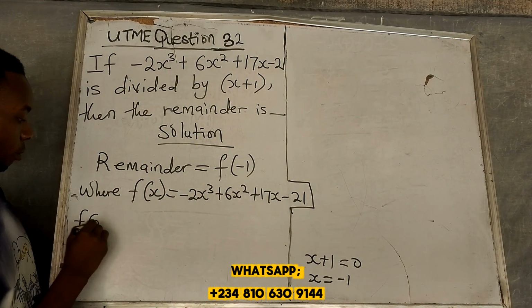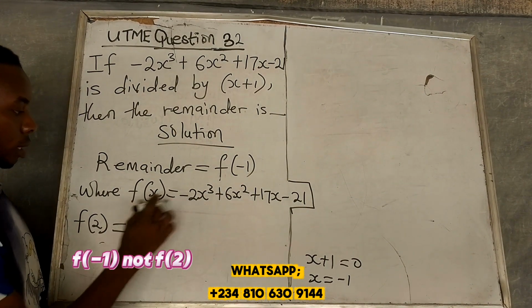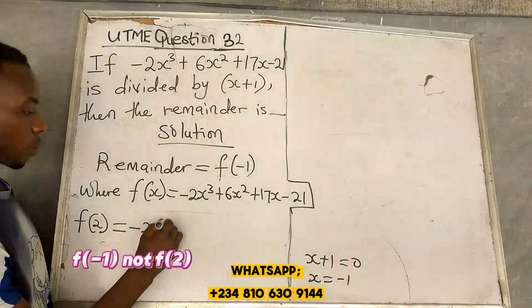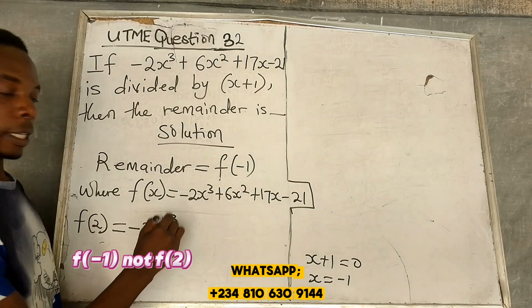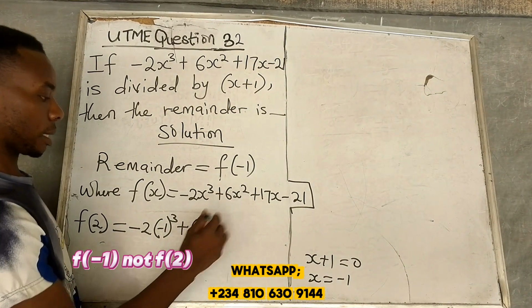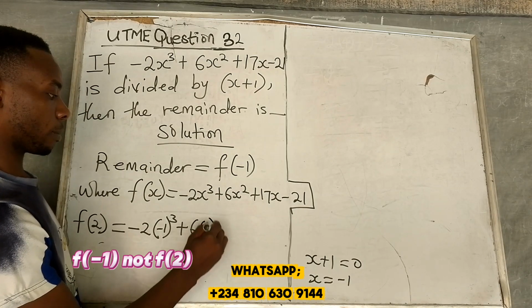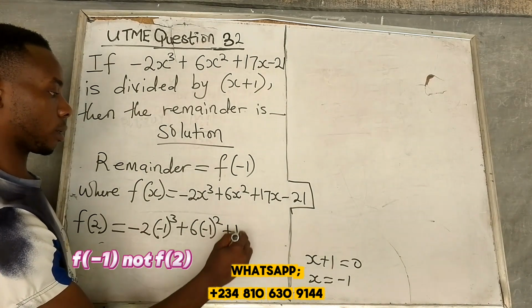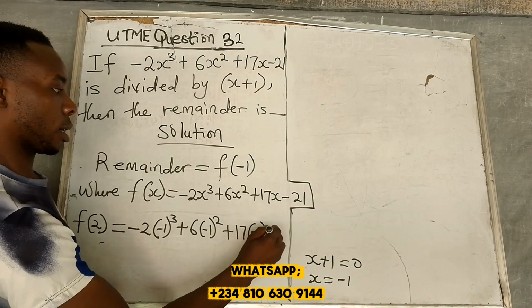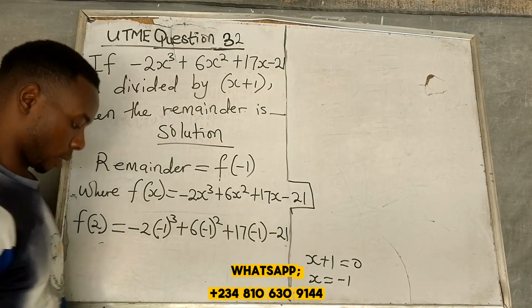Now let's move into action. That is f of minus 1 will be equal to minus 2, open bracket, minus 1 to the power of 3, plus 6 times x, which is minus 1, to the power of 2, plus 17 times x, which is minus 1, minus 21.